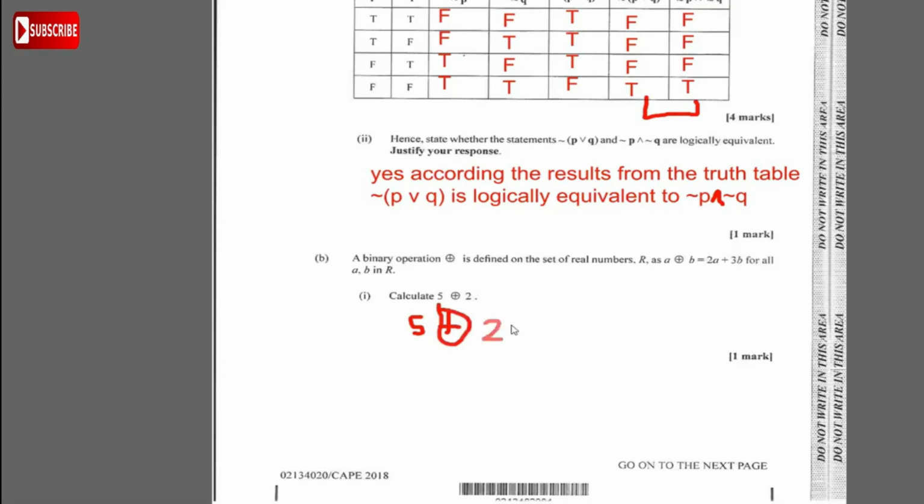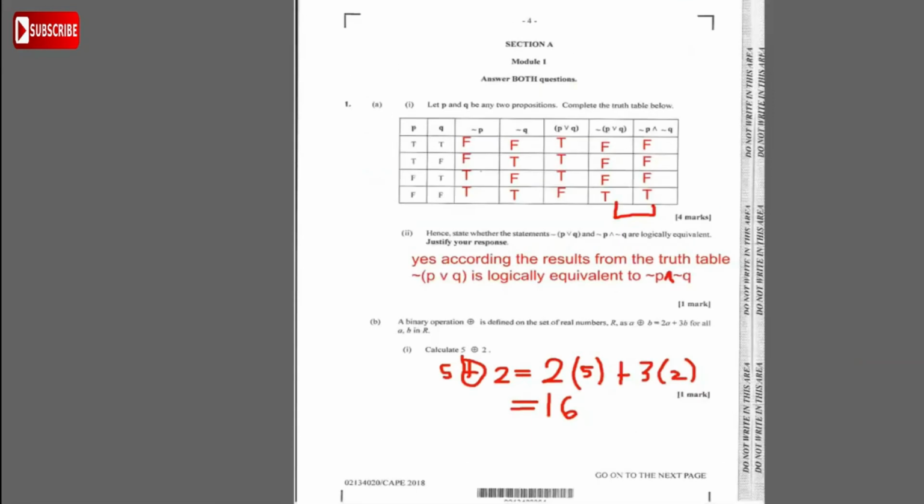So 5 circle plus 2 is equal to 2 times 5 plus 3 times 2. That is 10 plus 6, which is equal to 16. So 5 circle plus 2 is equal to 16. Nice and easy. That takes care of question 1.